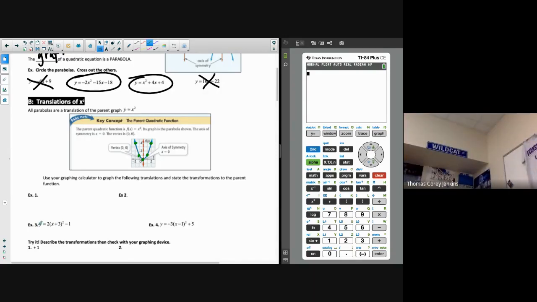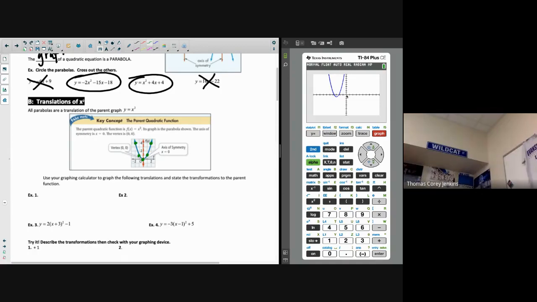But I'm going to do it like it says, and I'm going to leave example 4 for you. So I'm going to go to y equals in my calculator, and it's already punched in. 2 parentheses, x plus 3, close parentheses, squared, and then -1. And then I'm going to go to my graph, and there we go.